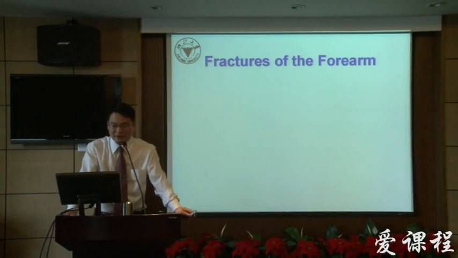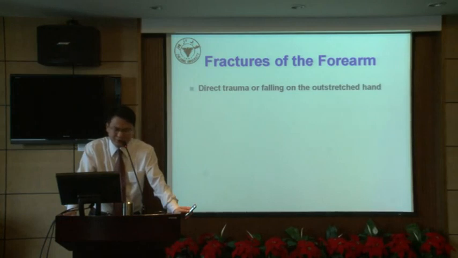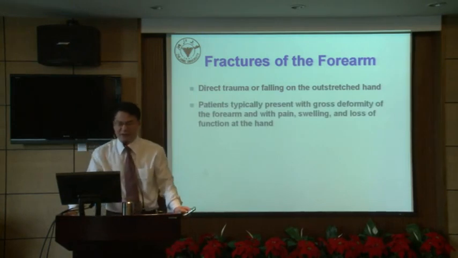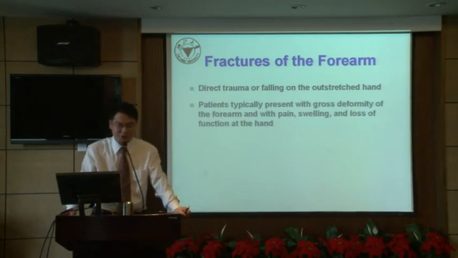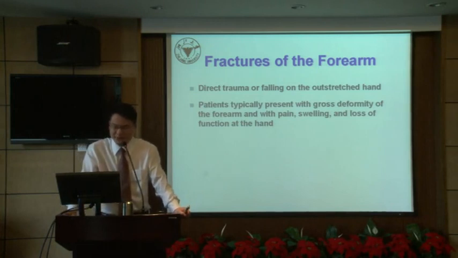Okay, let's talk about fractures of the forearm. This also results from direct trauma of falling on the outstretched hand. Patients typically present with gross deformity of the forearm, with significant pain, swelling, and loss of function at the hand.